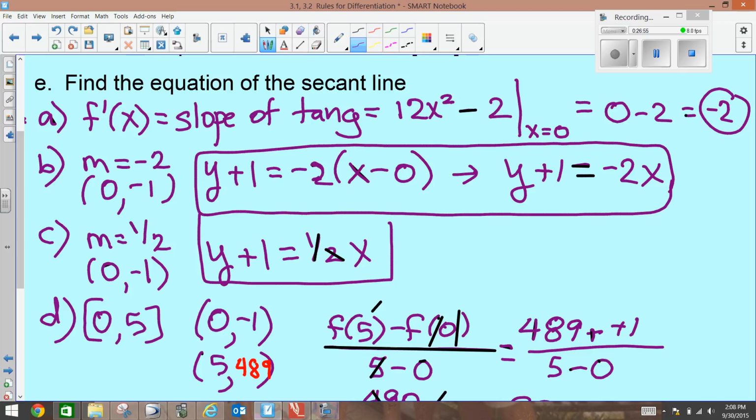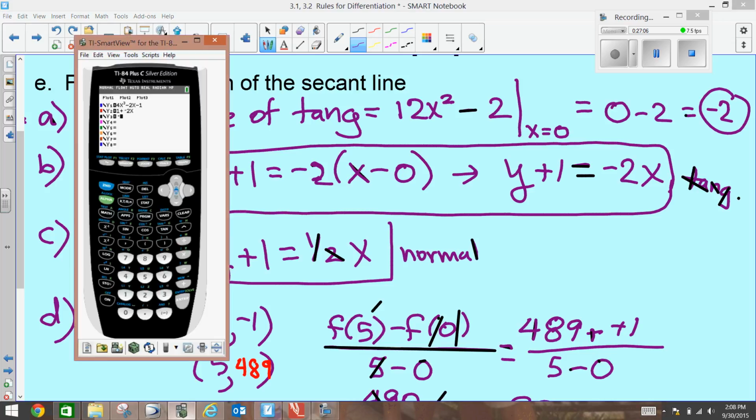All right, so this is my normal line. This is my tangent. Okay, so over here we should have negative 1 plus, I'm going to do 0.5 for 1/2 x, and then go back up here and slip my negative in there that I missed. Okay, sorry about that.